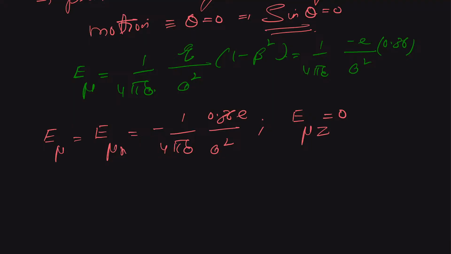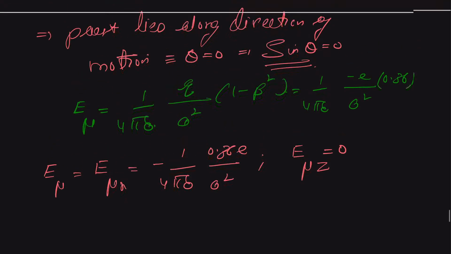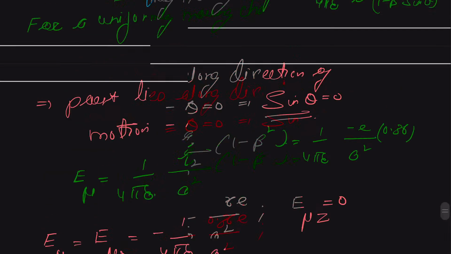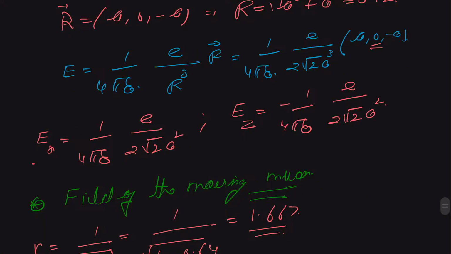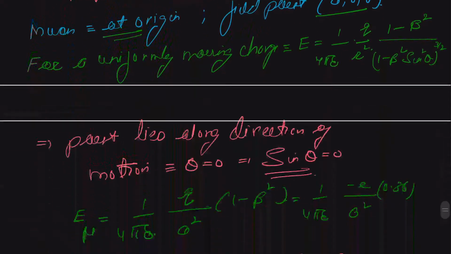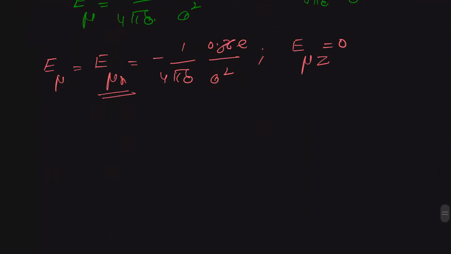So now we can easily find out what will be our total electric field. For that, we found the electric field because of the muon in the x direction, and the electric field because of our proton in the x direction as well as z.